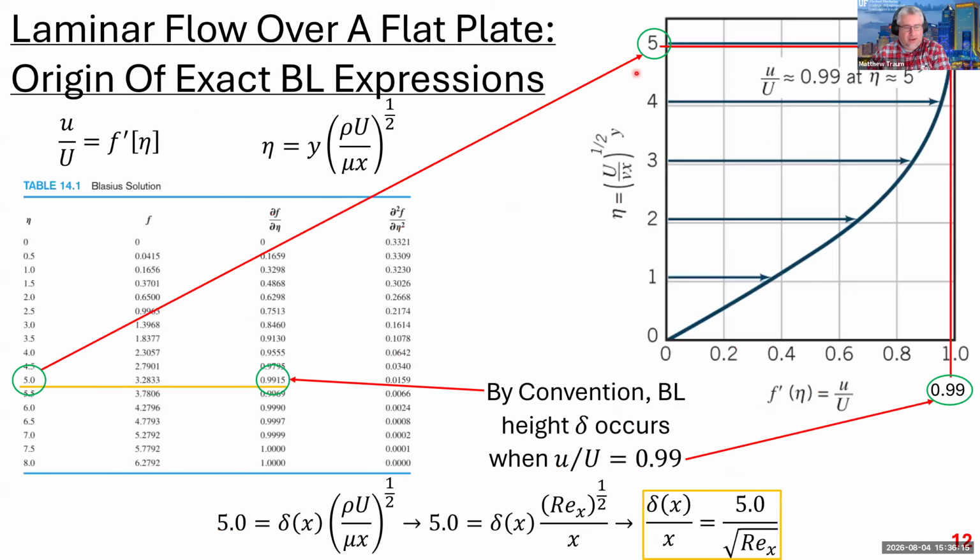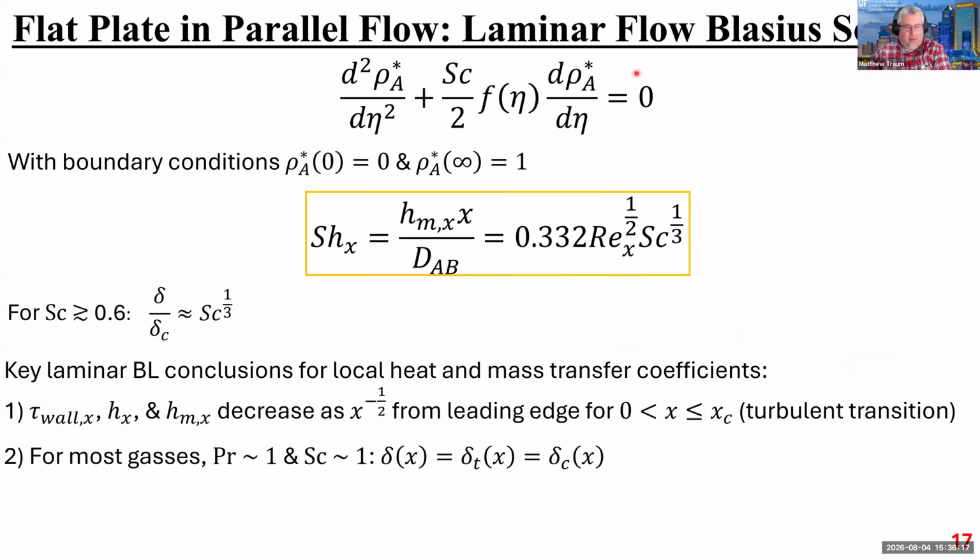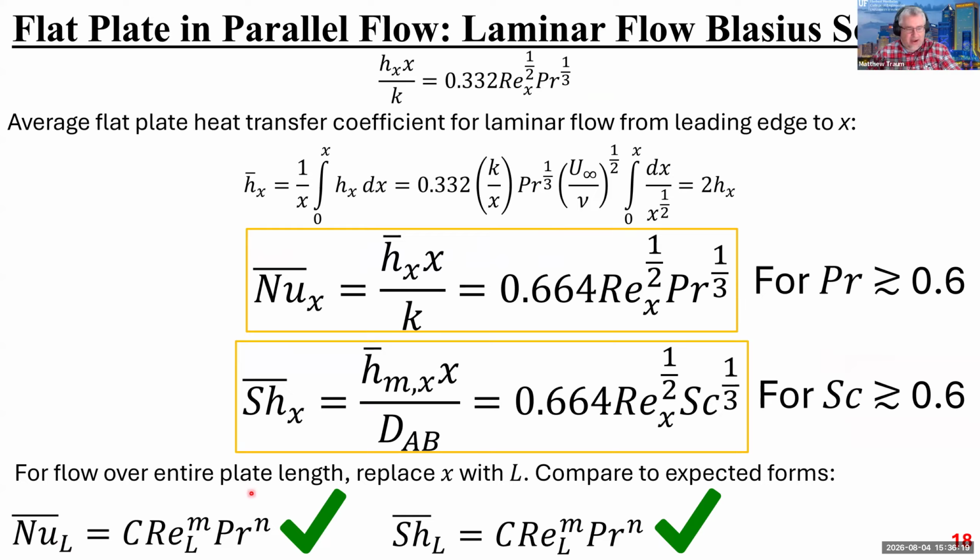And lo and behold, we make our way back. Yes, these are those same forms that I showed you on that slide that we started out with. The average Nusselt number for some distance down the plate is equal to some constant times Reynolds number to the 1/2 times Prandtl number to the 1/3. It's exactly the same form that I promised it would be. So this is a really good sanity check.